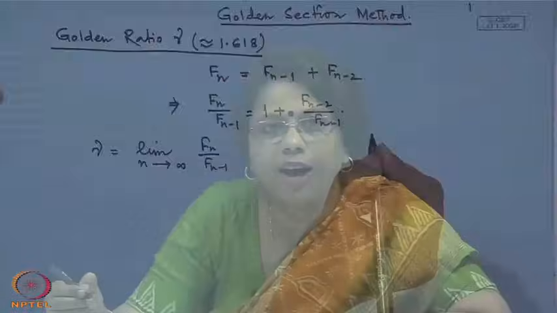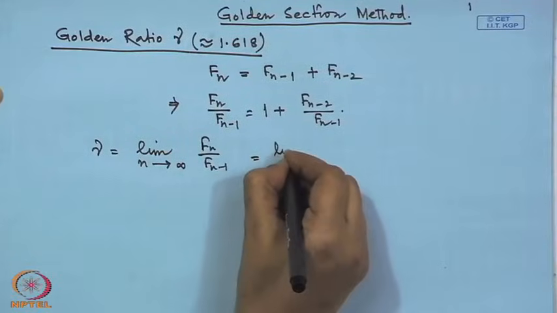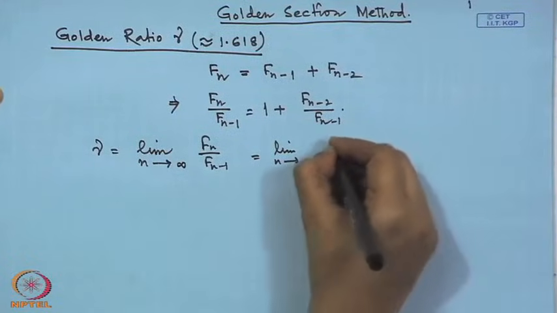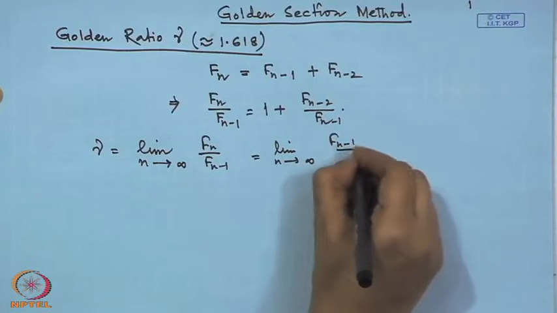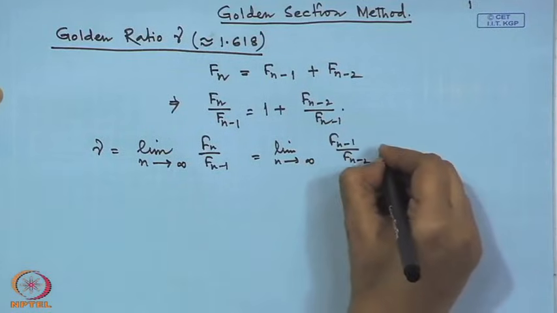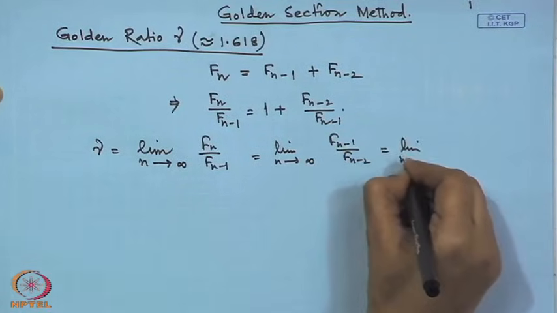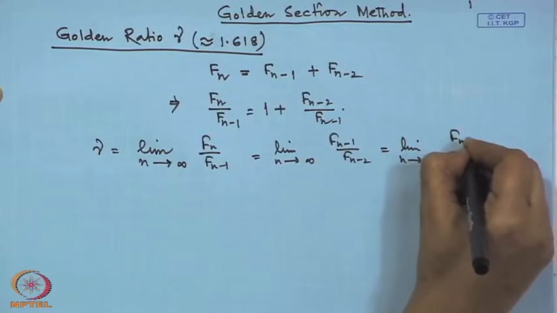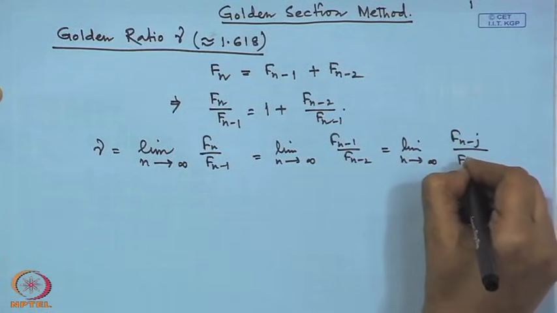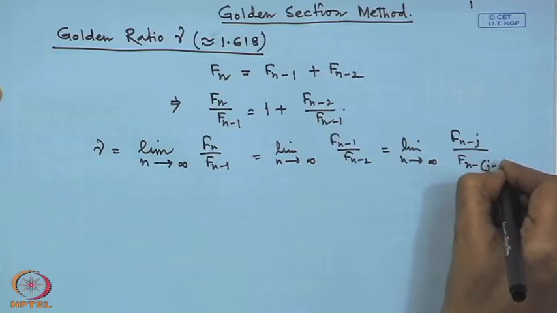If this is the gamma value, then this will be the same as Fn minus 1 divided by Fn minus 2. This will be the same as the limit n tends to infinity of Fn minus j divided by Fn minus j minus 1.